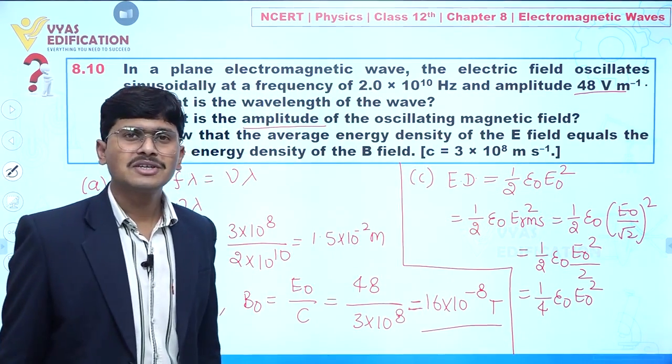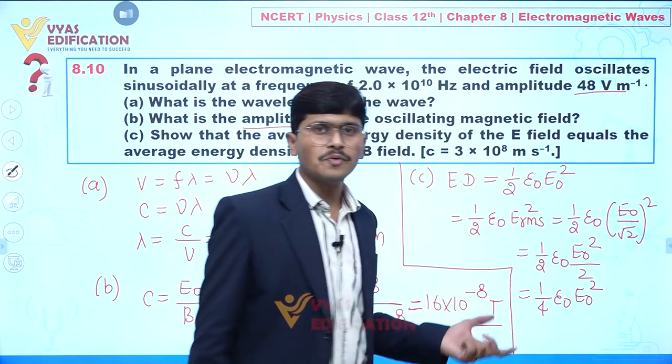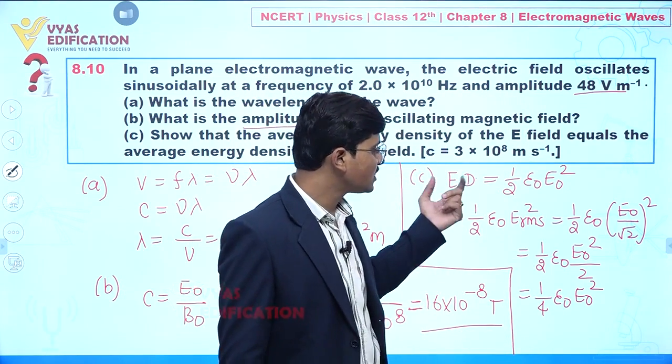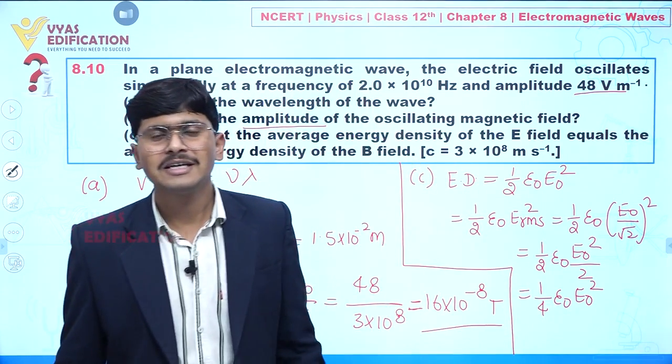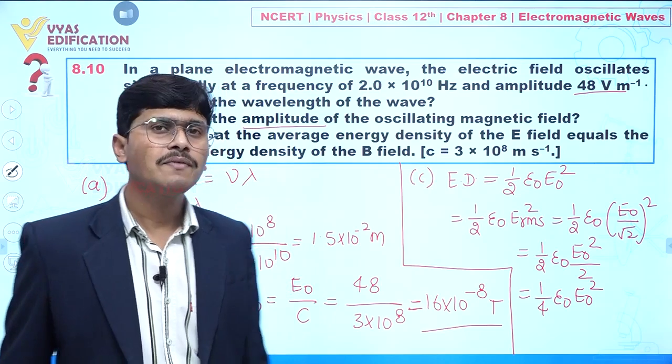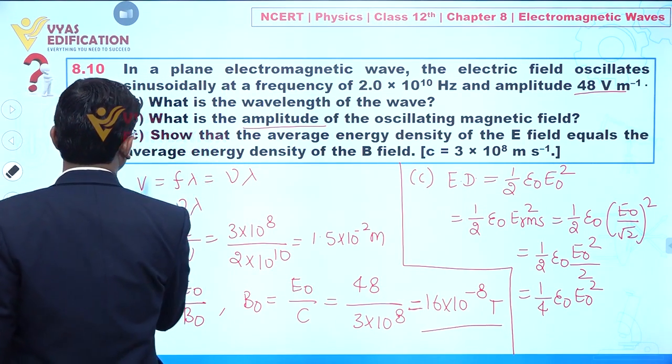Our objective in this question is to prove that the average energy density of the electric field is equal to the average energy density of the magnetic field. So concentrate here.